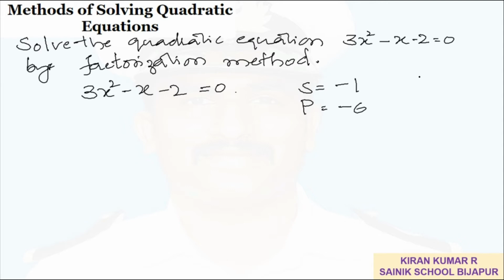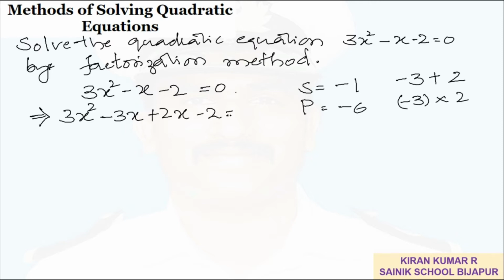The combination of minus 3 added to 2 gives negative 1, and the product of minus 3 with 2 gives negative 6. So in the given equation, I'll change the middle term into minus 3x plus 2x minus 2 equal to 0.